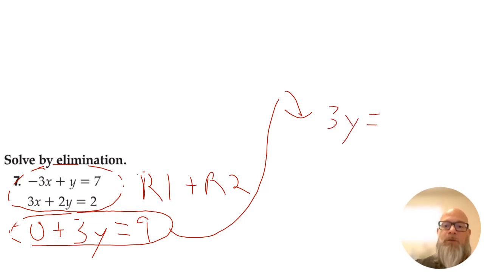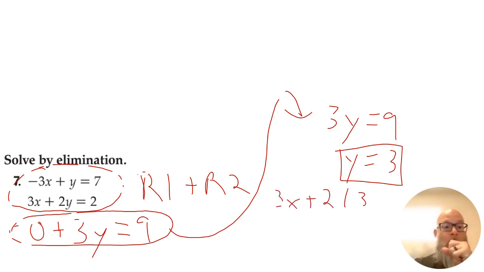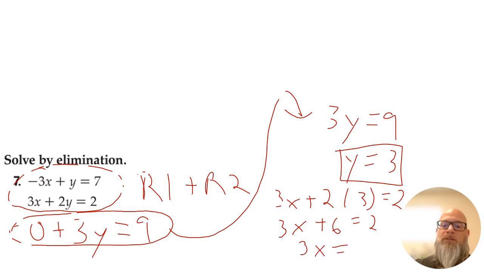3y equals 9 becomes y equals 3. Now I plug the y equals 3 back into either equation. Looking at the second one. 3x plus 2 times y, which is 3, equals 2. 3x plus 6 equals 2. 3x equals negative 4.